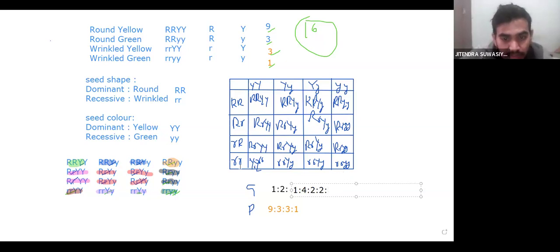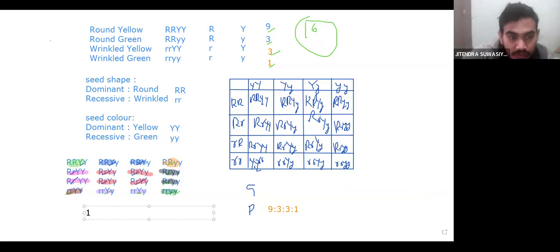So just count how many we have discussed these things. Like we found 1, comma 2, comma 3, 1, comma 2, comma 1, comma then 2, comma 4, comma 2, comma 1, comma 2, 1.